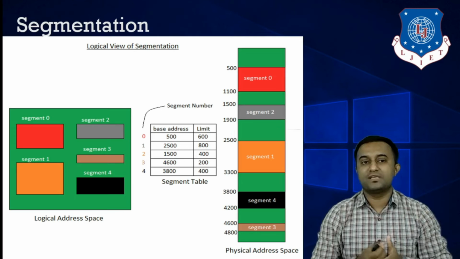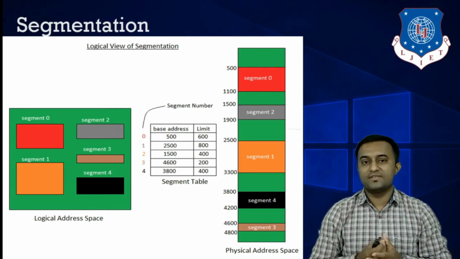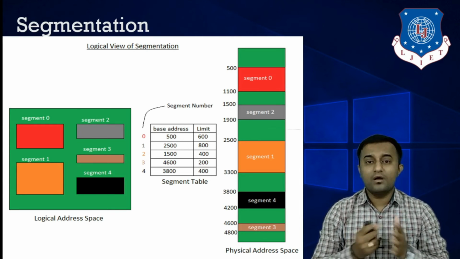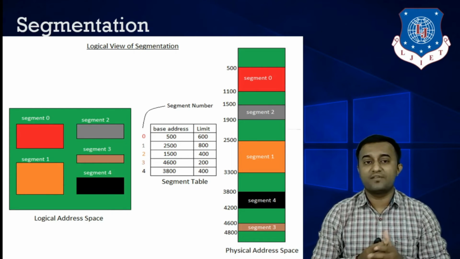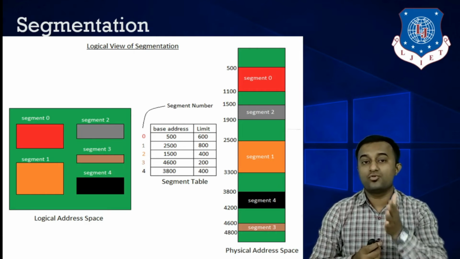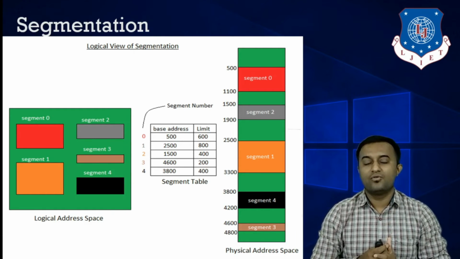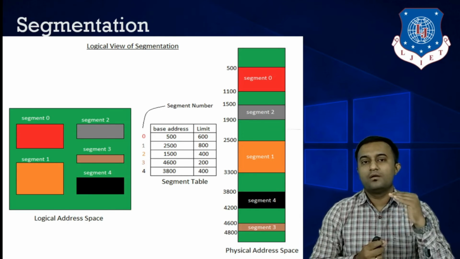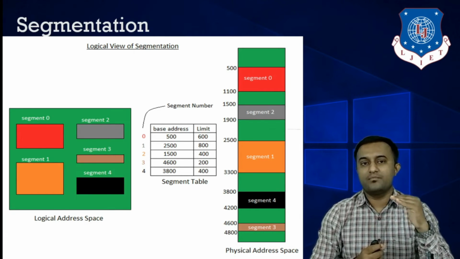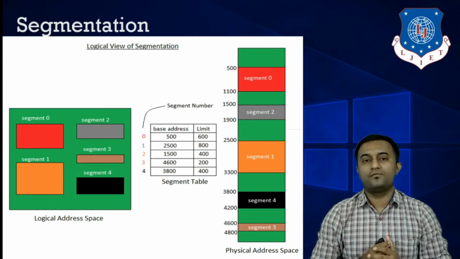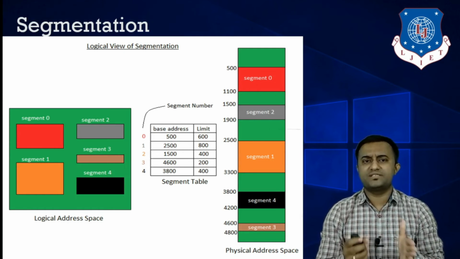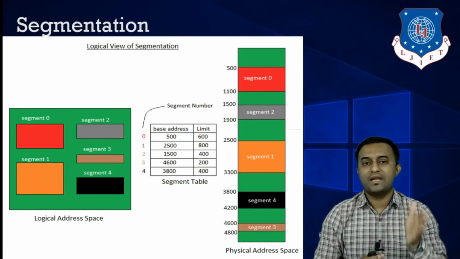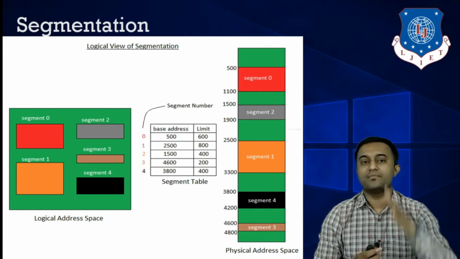You can see in the physical address space, as well as in the logical address space, there are various segment numbers starting from 0 to 4. So segment numbers 0 to 4 are there. And with the help of each segment number, we can reach the base address of a particular segment. Base address is nothing but a starting address of a particular segment.